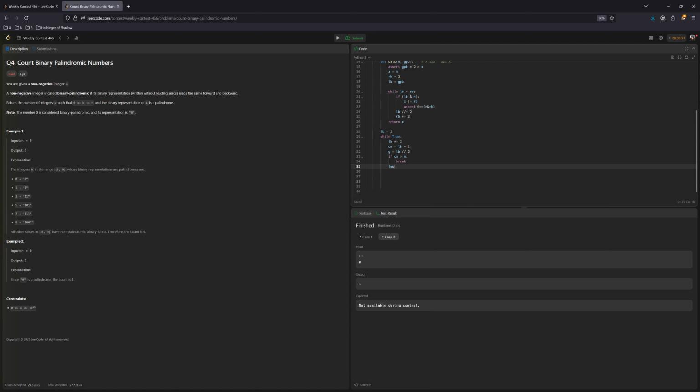Now we need to look at the inner one. So the lowest possible will be, well, 0. It'll always be 0, right? And then the highest possible will be all ones.